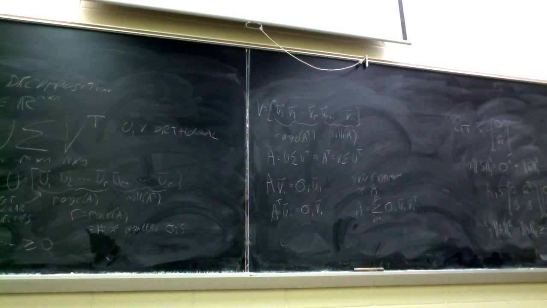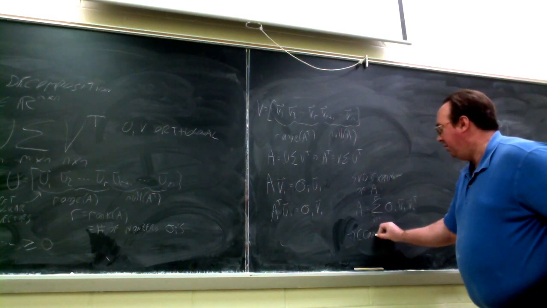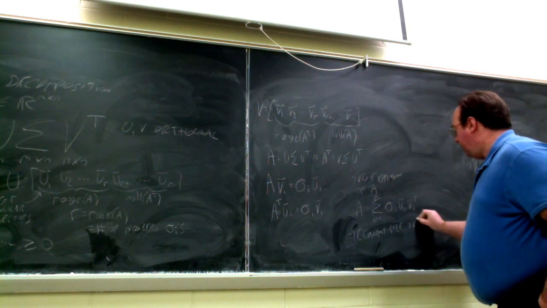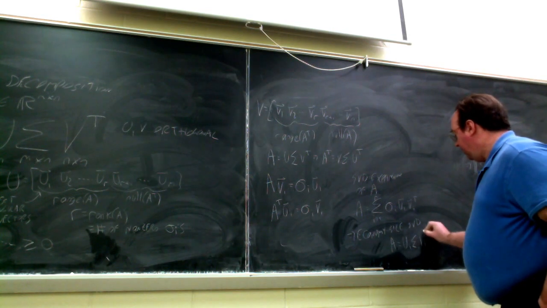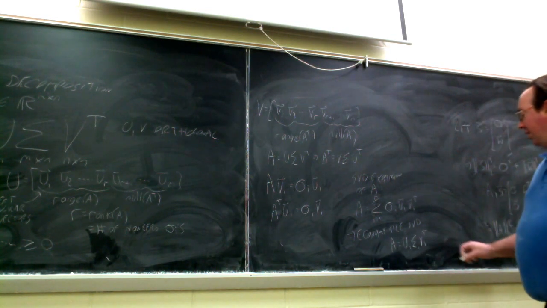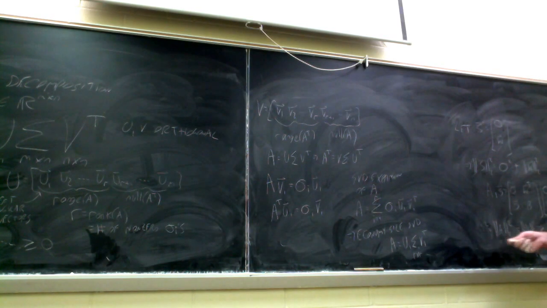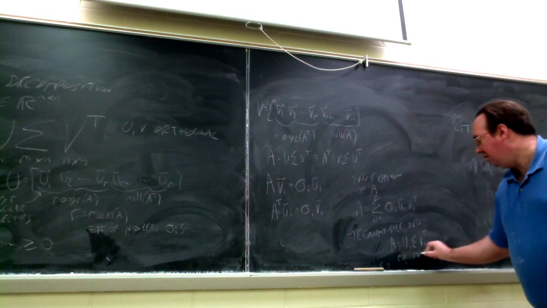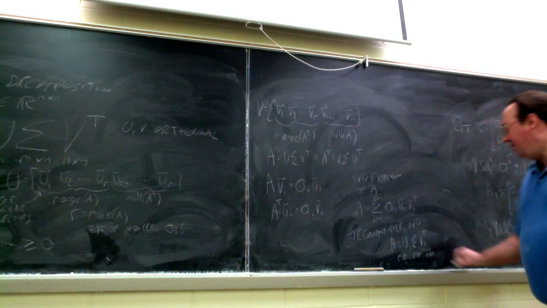In fact, you can use this to describe an economy size SVD. A is U1, sigma 1, V1 transpose, where sigma 1 is r by r.